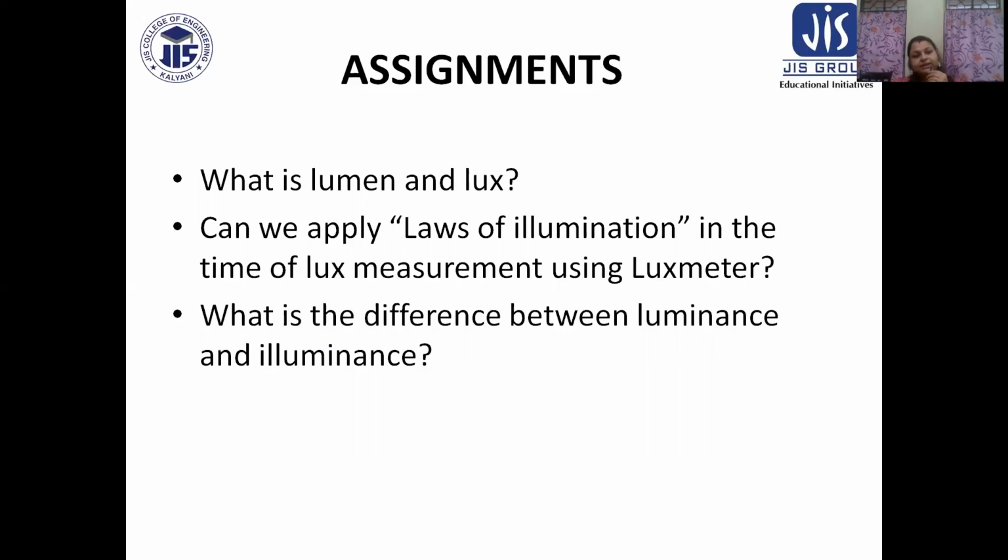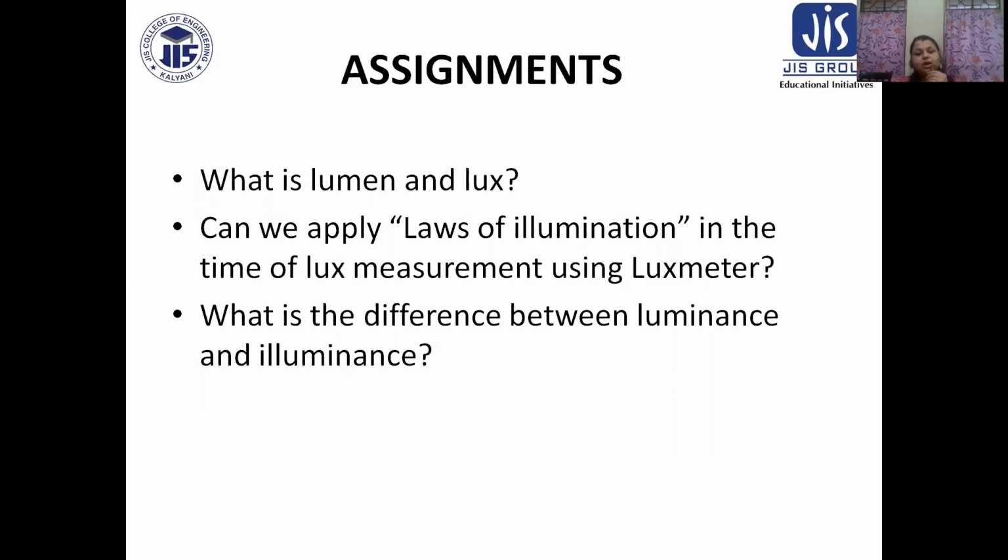I am giving some hints. What are lumen and lux? These are the units of two very important terms in photometry measurement. Lumen is the unit of luminous flux and lux is the unit of illumination.